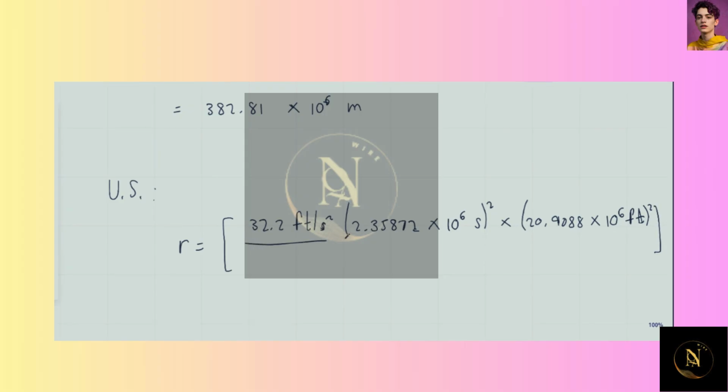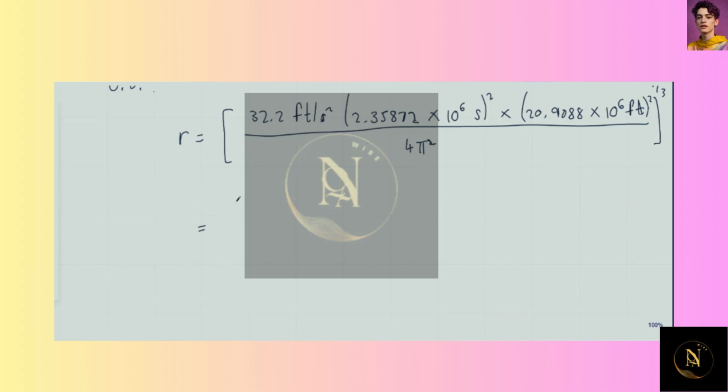And this is all over 4 pi squared. And the entire thing is to the power 1/3, the cube root. Hence we get the separation between the Earth and the Moon in US units to be 1256.52 times 10 to the 6 feet. And hence this is 238 times 10 to the power 3 miles.